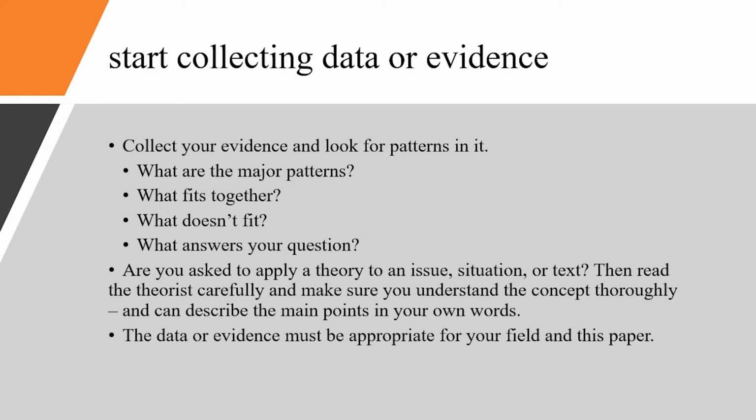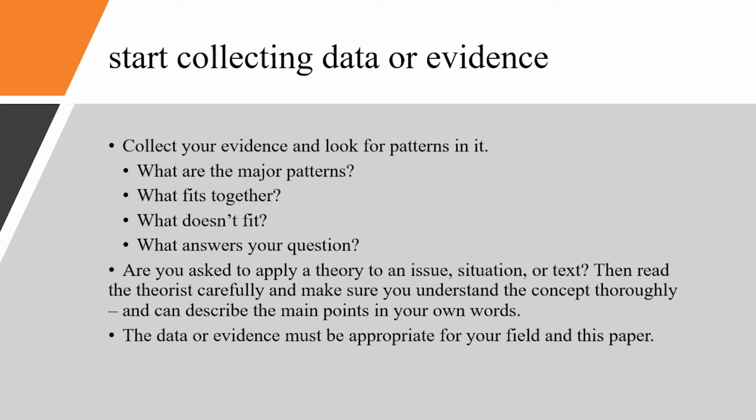Once you've analyzed what you're supposed to be doing and what the expectations are, then you start collecting data or evidence that's appropriate for your field and this paper. Types of evidence can be multiple. Types of evidence might include quotations from a work of literature or a theorist, might also include data that you've collected through oral interviews.